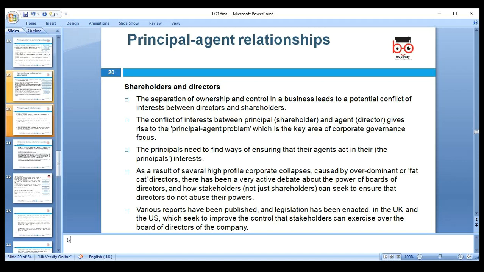One is called the Green Report. Theresa May especially emphasized that corporate governance in the UK needs to be changed. A lot of changes are happening at the moment, because sometimes a lot of fraud happens.